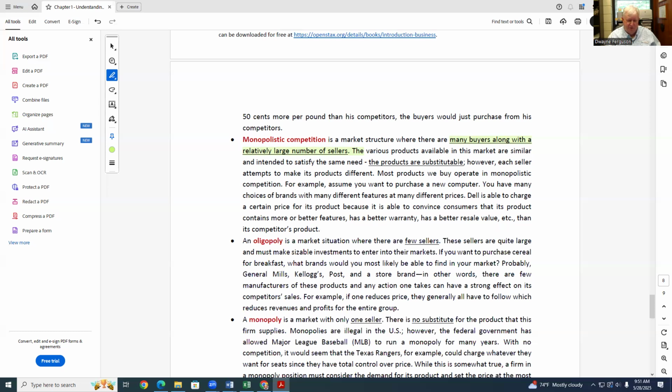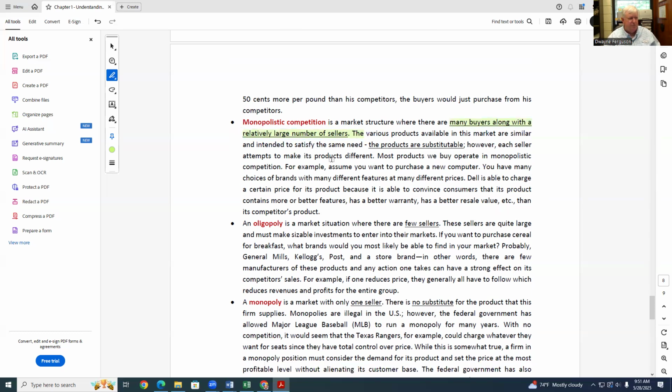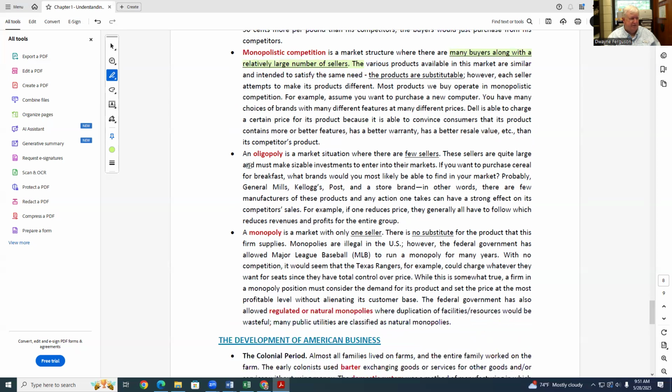Well, you've got to differentiate yourself from the other. And why would I buy an Android versus an Apple cell phone? Well, Apple has to differentiate themselves. This is when you find most products out there, when you find they are trying to advertise what's different about their brand than somebody else's brand, that's because they're in monopolistic competition.